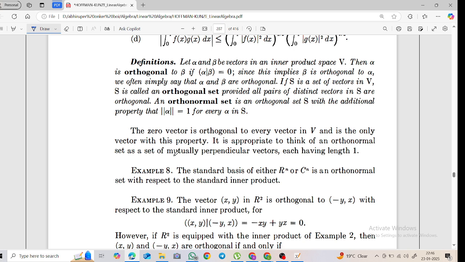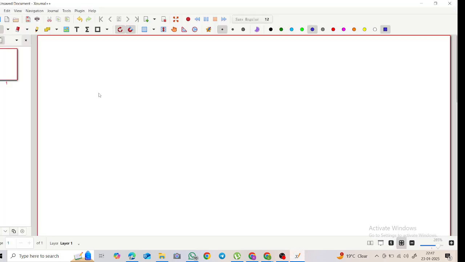Now, once you have defined inner product, what should be the natural thing? What's the point of defining an inner product? I told you, we can define angles, right? Once we have an inner product, we know that A inner product B, I mean the dot product in real case maybe, is nothing but cos theta, right?